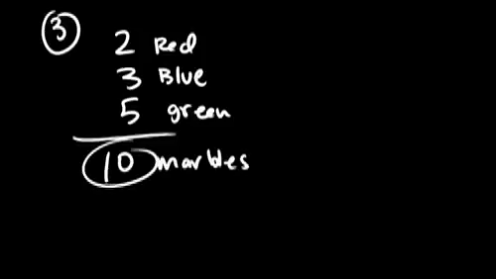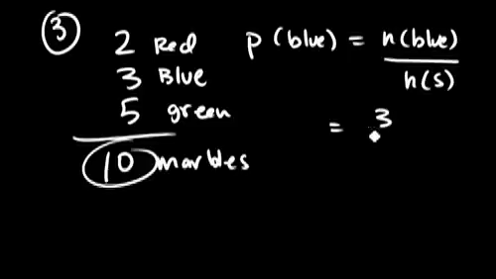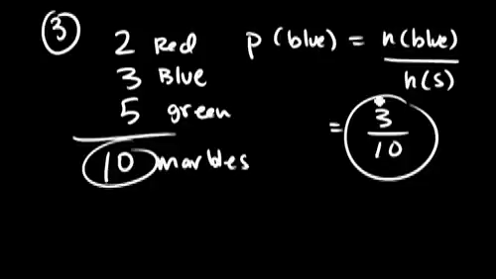If a marble is randomly selected from the bag, what's the probability that it's blue? The probability of selecting a blue marble is found by determining the number of marbles that are blue divided by the total number of possible marbles, which is 3 over 10. This is your answer.